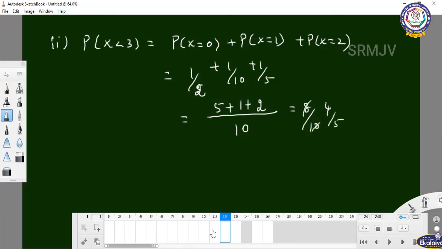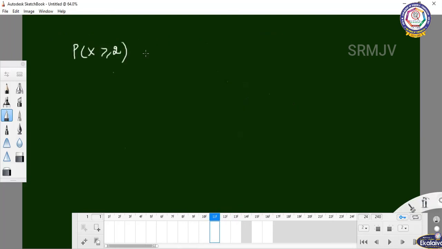Then the next subdivision is P of x greater than or equal to 2. So P of x equal to 2 plus P of x equal to 3 plus P of x equal to 4, because the values end at 4.